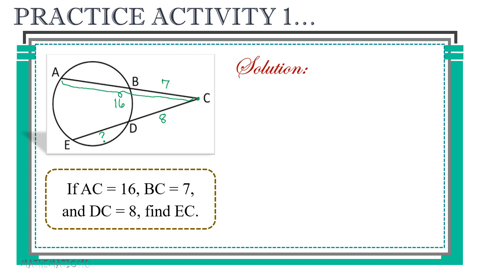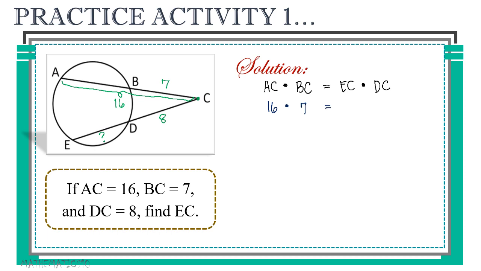So secant AC times external part is BC, and it should be equal with the product again of another secant, so EC times the external part, which is DC. Okay, now since we are done with our equation, let us now substitute the given data. For AC, we do have 16, and for our BC, we do have 7.